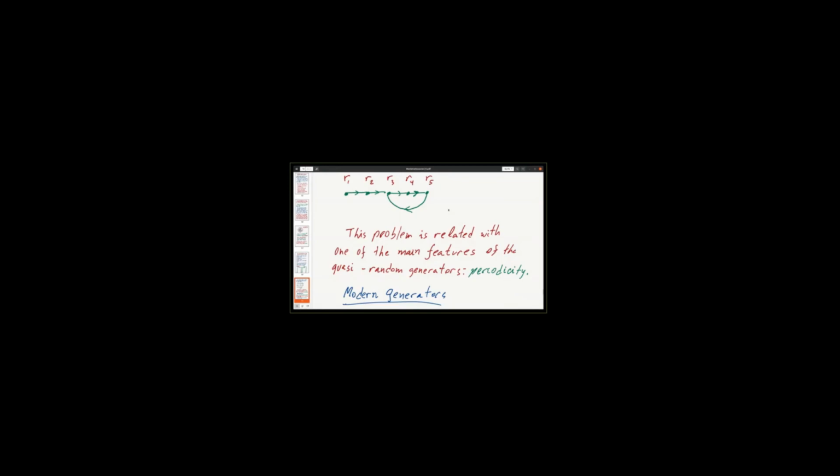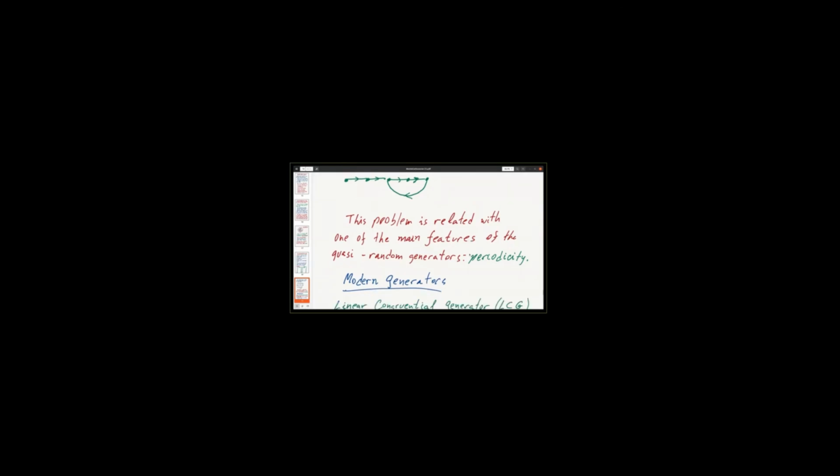Okay, if you need Monte Carlos with a large number of sorted random numbers for your calculations, you need large periodicity, and of course, as we see, this von Neumann method is not good enough.